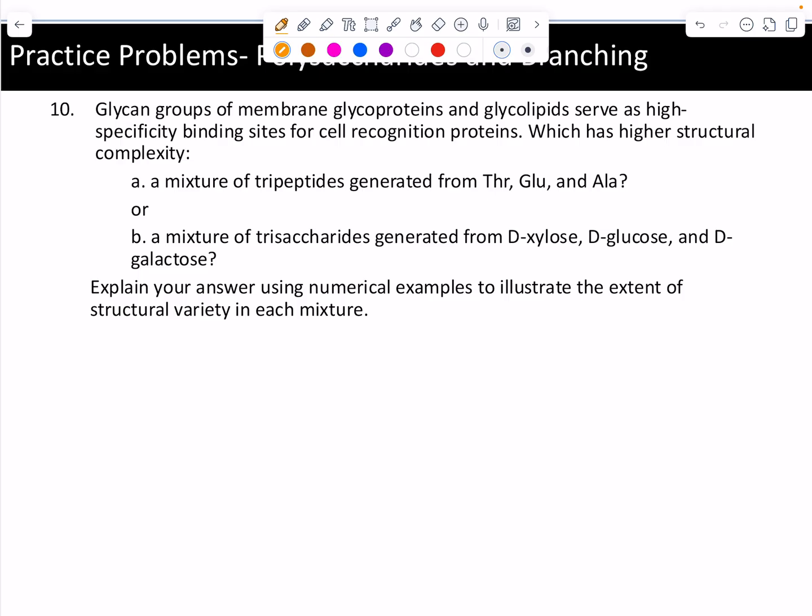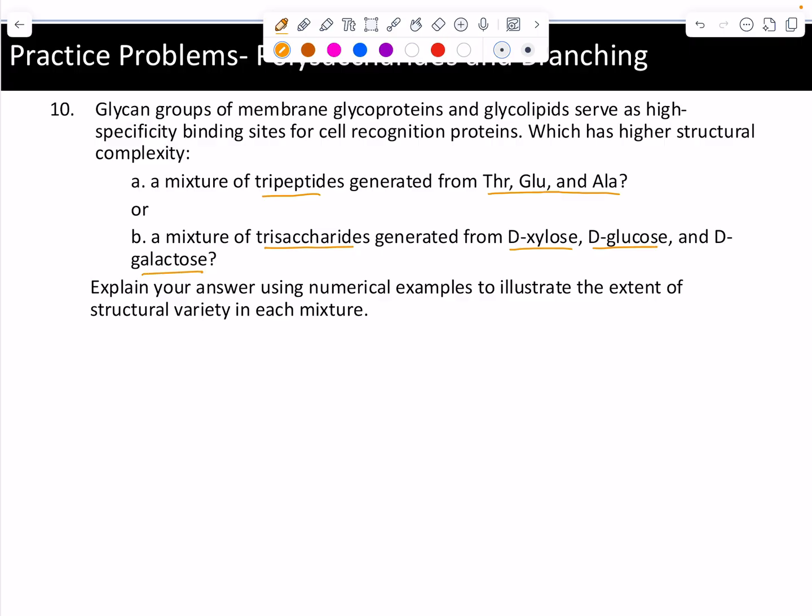Okay, so the next question, glycan groups of membrane glycoproteins and glycolipids. So which has higher structural complexity? A mixture of tripeptides generated from threonine, glutamic acid, and alanine, or a mixture of trisaccharides generated from xylose, glucose, and galactose.